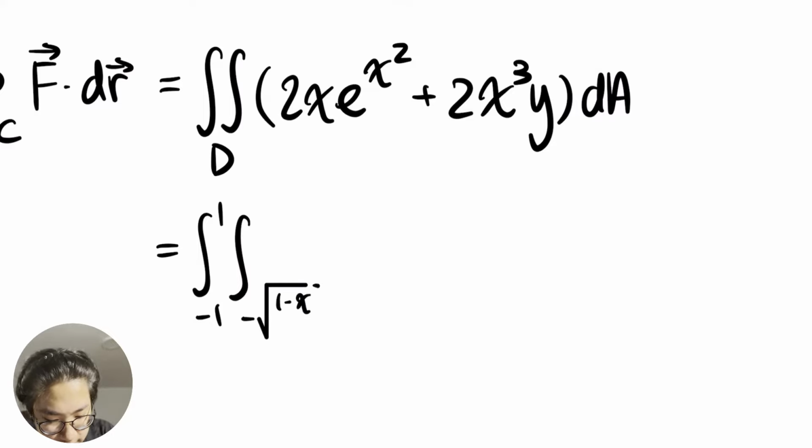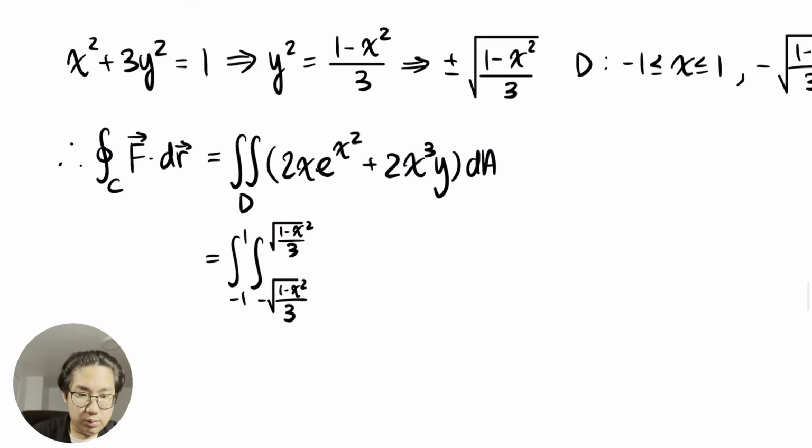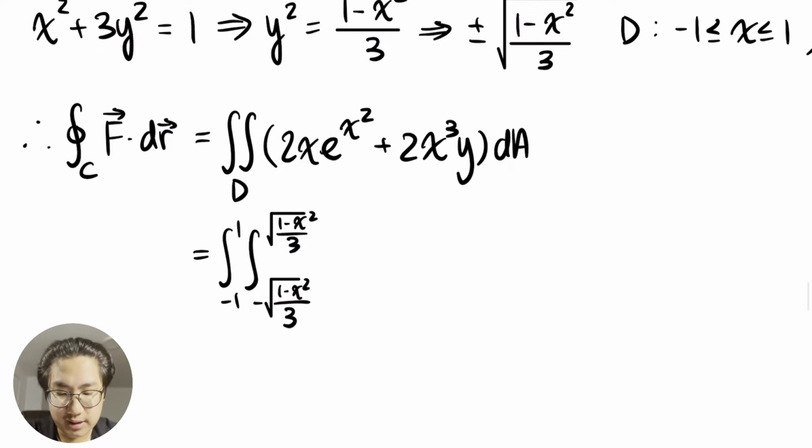So 1 minus x squared over 3 and then positive 1 minus x squared over 3. In this case, we're going to do a pretty similar strategy where we split the integral, separate it and add them together.